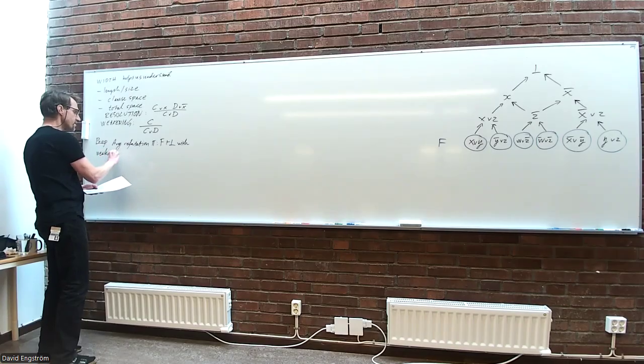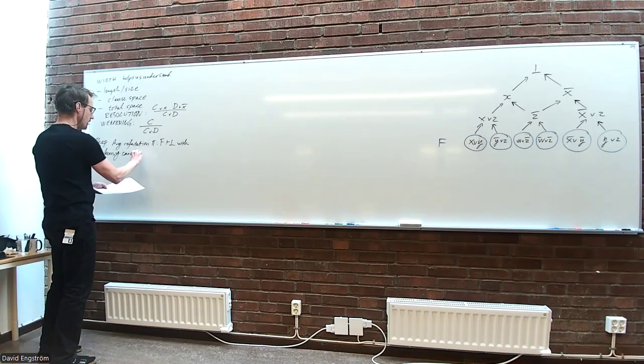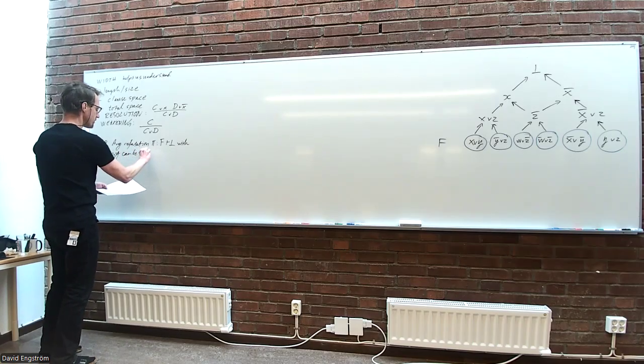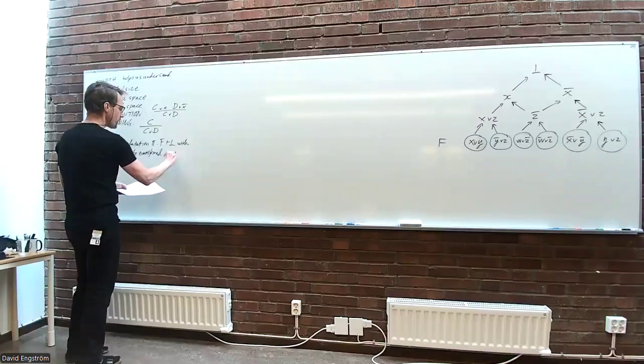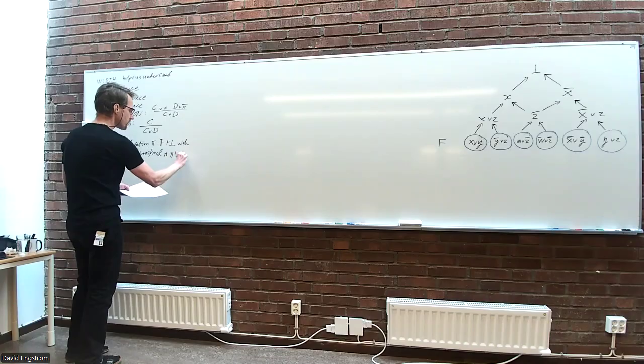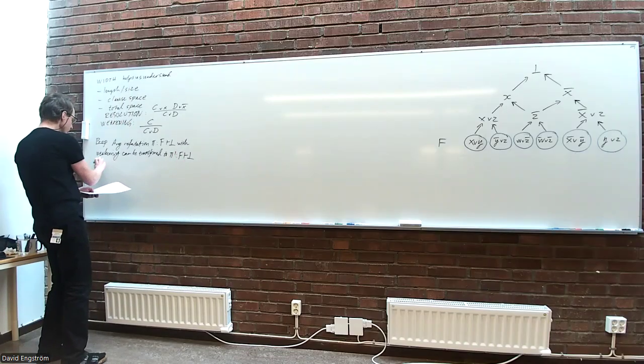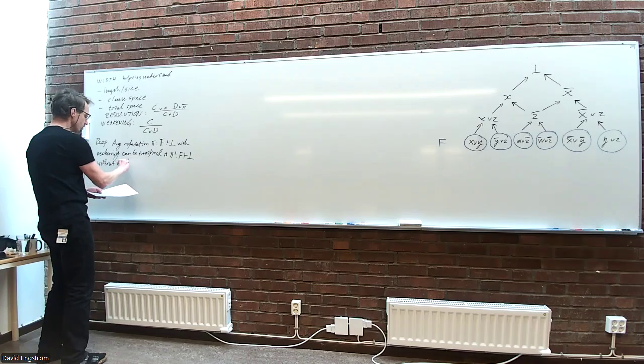Then from any such refutation, I can transform it to another refutation pi prime without weakening in at most the same length.